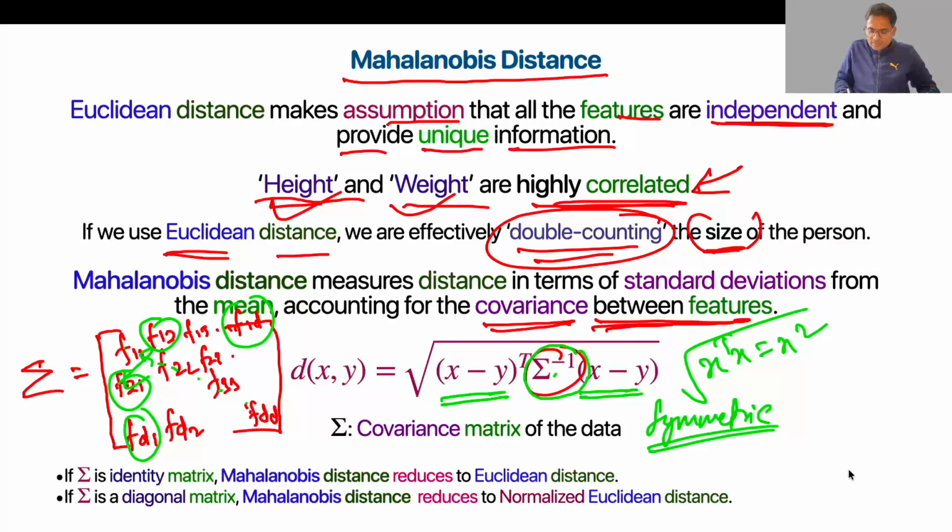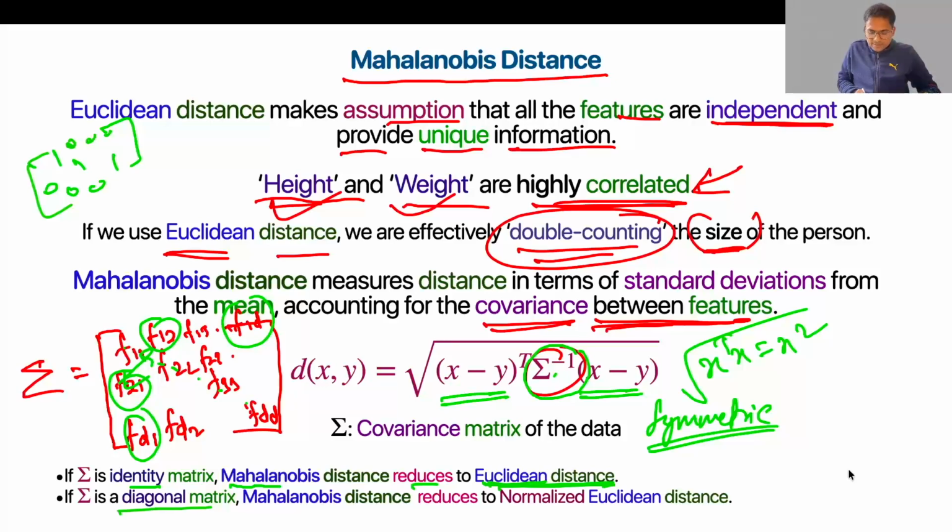If it is an identity matrix, where all the diagonal elements are 1 and everything else is 0, then Mahalanobis distance reduces to Euclidean distance itself.